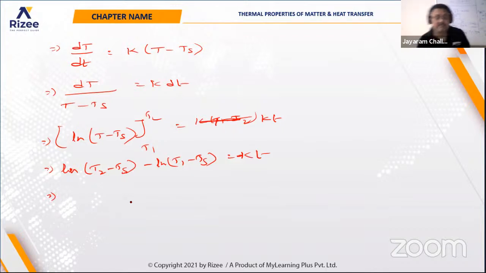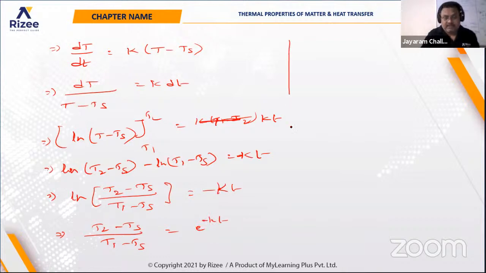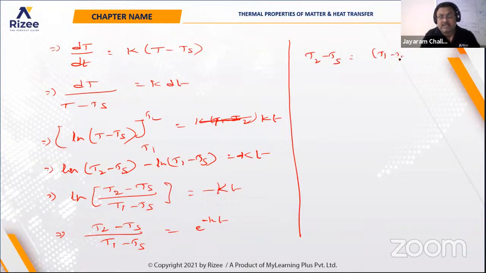So from here, after substitution, this will be ln of T2 minus Ts by T1 minus Ts is equal to minus kt. So taking the exponential, T2 minus Ts by T1 minus Ts is equal to e to the power of minus kt.